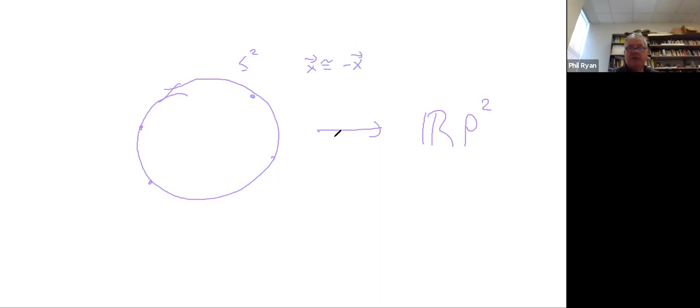And so RP2 is then the set of all the equivalence classes. So what is a saturated set in S2 with respect to this map? Well, if we have a set containing some point, it also has to contain all its antipodal points. So that's what a typical saturated set looks like.